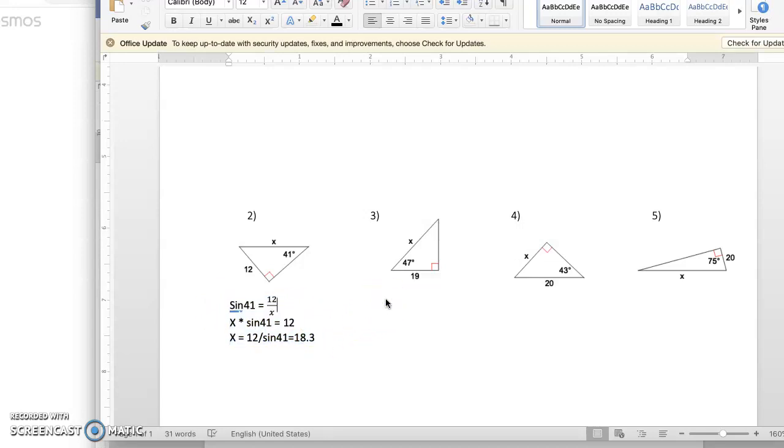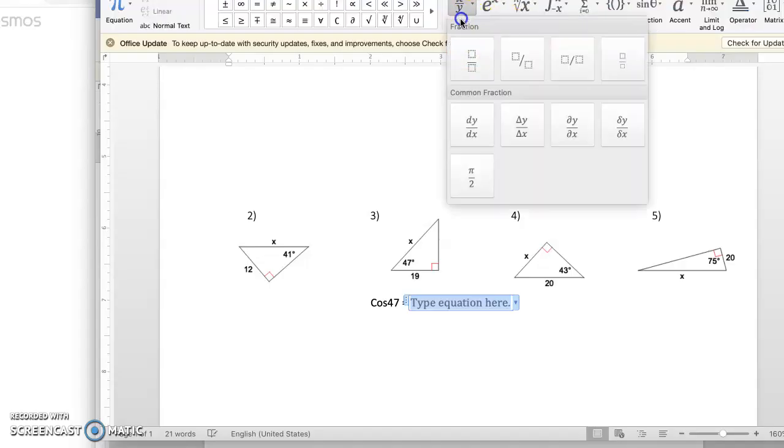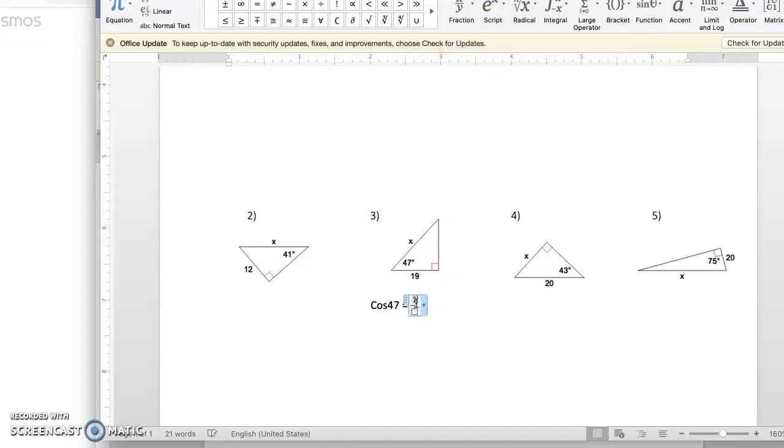We're going to be dealing with cosine instead. I see that 19 is adjacent to the angle that's given. So as soon as you think adjacent, you think cosine. So I'd be entering in the cosine of 47 is equal to 19 in the numerator because it's adjacent to the angle, over the hypotenuse x.